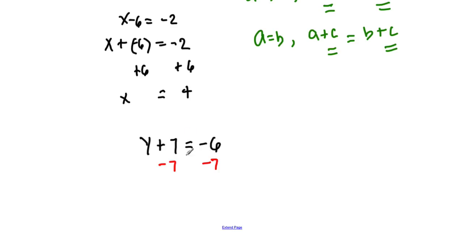And we end up with y equals negative 6 minus 7, which is the same as negative 6 plus negative 7. So this is the same as negative 13. So y equals negative 13. Okay, hopefully that makes sense.